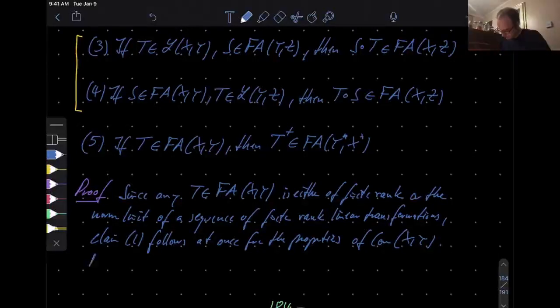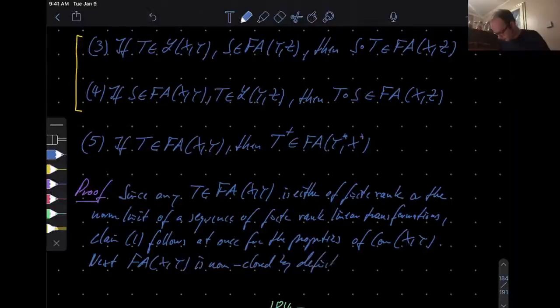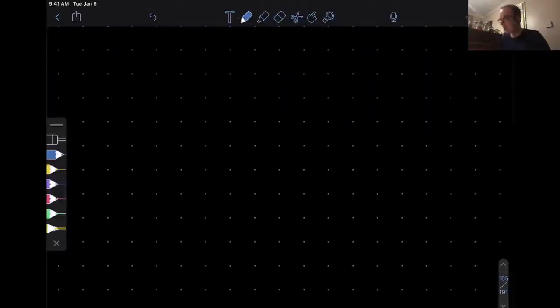Next, Fa, I already said it in words earlier, is norm closed by definition. Norm closed by definition. And now what about subspace? So if S and T are finite approximable, and first of all, if both are of finite rank, then for any alpha and beta, do check this.